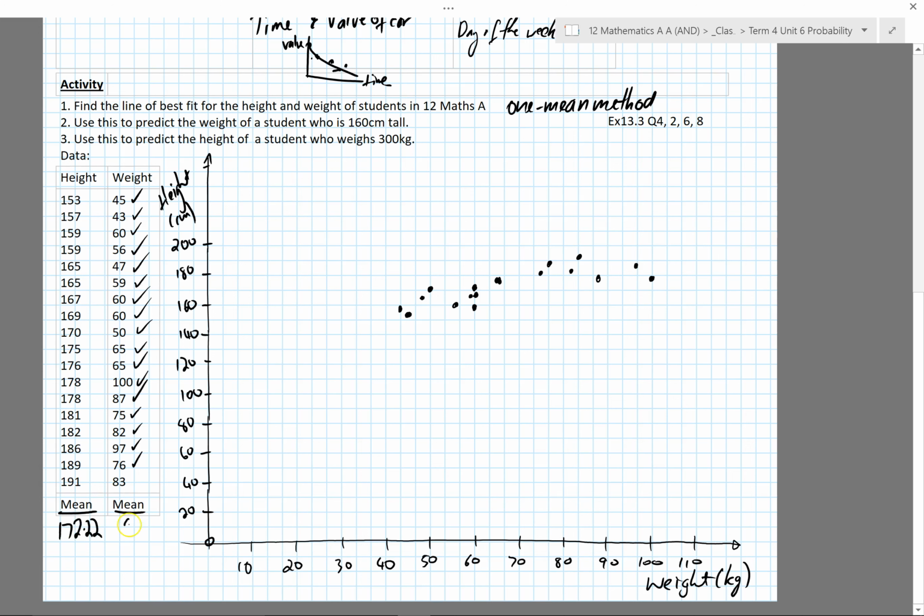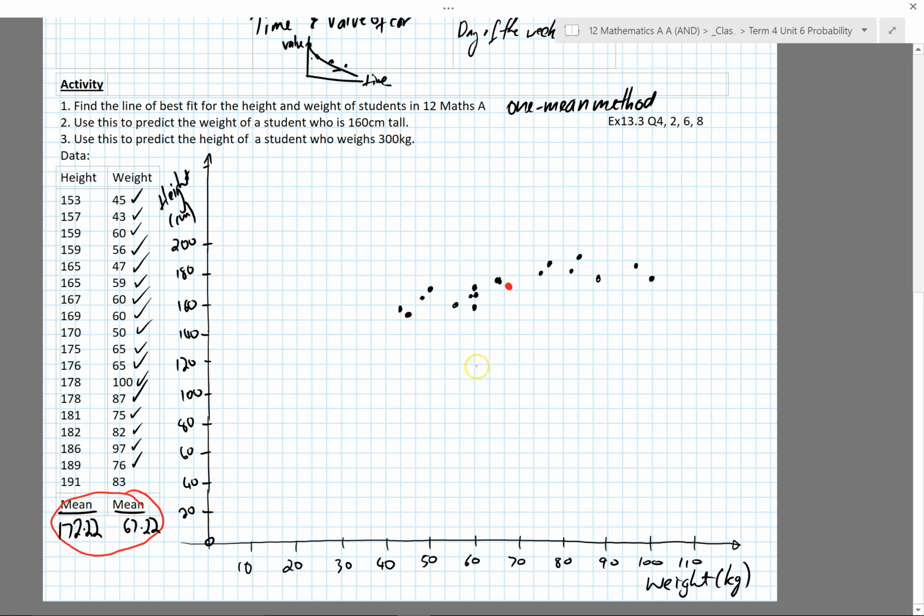The mean weight is 67.22 kilos. And to find the line of best fit, instead of just putting my ruler on it and guessing where the line is, I'm going to let this point help me out a little bit. So I'll find where 172 and 67 is. It's about here. I need to make sure that my line of best fit passes through that point.